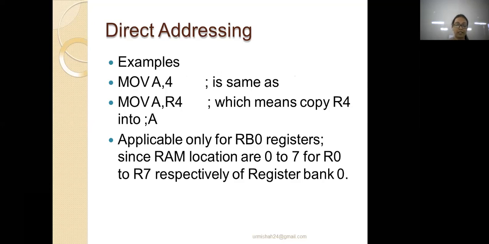The role of direct addressing mode is the same: whenever we want to transfer any data from one memory location to a register, or from one register to any specific memory location, then those types of instructions are included in direct addressing mode. The address is directly specified in the instruction from where you have to fetch your data. So this is called direct addressing mode.